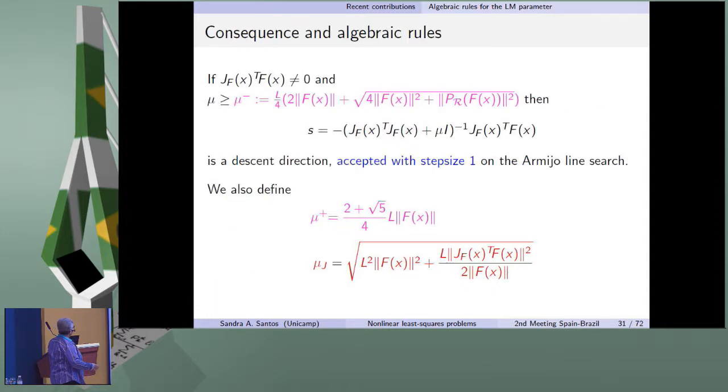So whenever we are not stationary and we take mu larger than this value that we are going to call mu minus, then the Levenberg-Marquardt step is a descent direction. It's going to be accepted with step size 1, and then we also have these two values, mu plus and mu j, which give the upper bound for selecting mu.